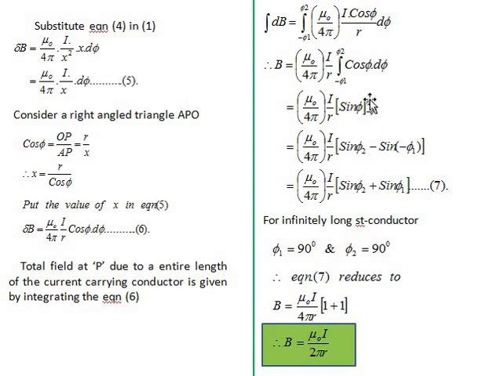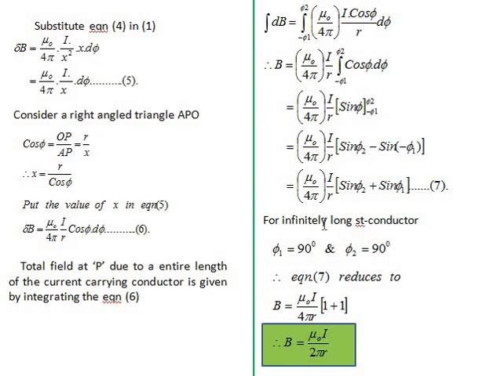Substitute the values of these limits. So mu naught by 4 pi I by R into bracket sin phi 2 minus sin of minus phi 1. Sin of minus phi 1 is minus sin phi 1. So that becomes plus sin phi 1, and call this equation number 7.